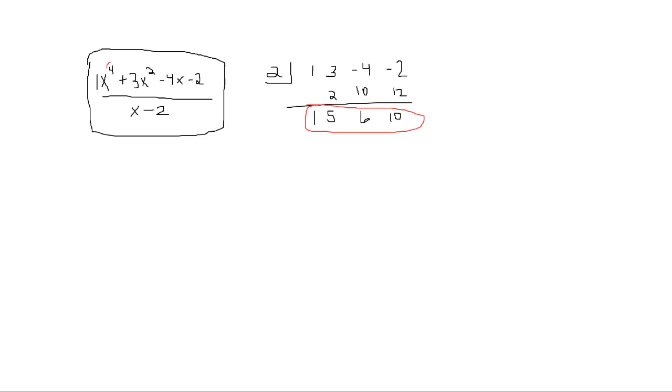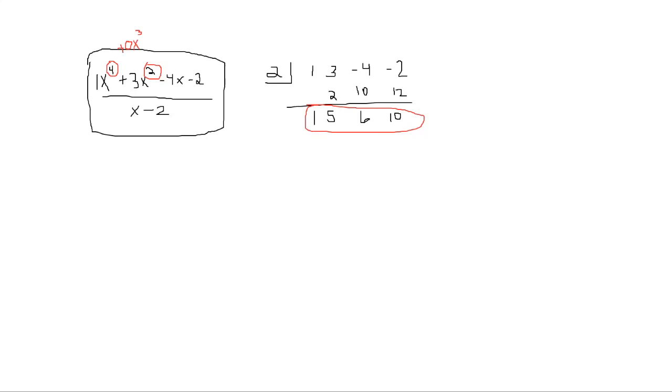We have an x to the power of 4, and then we go down to x to the power of 2, but we have skipped x to the power of 3. So we have to imagine that there is a 0x to the power of 3 in there. In other words, we have to hold that place open so that we can do the columns correctly.